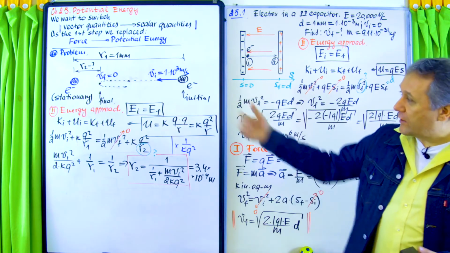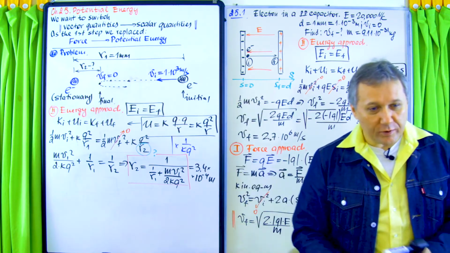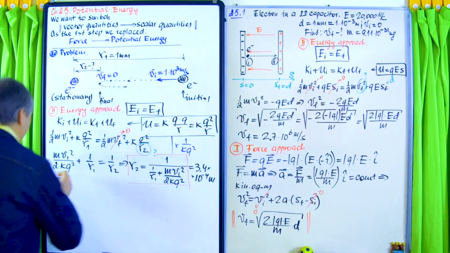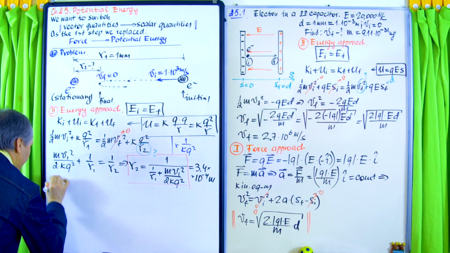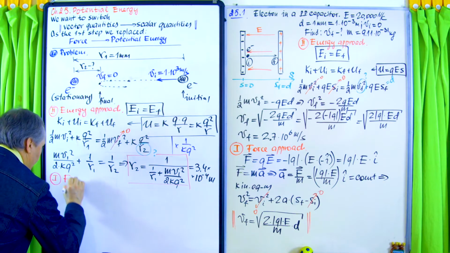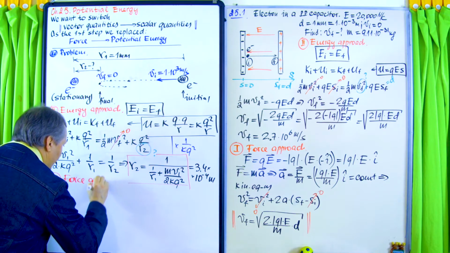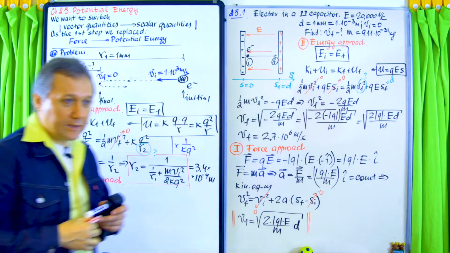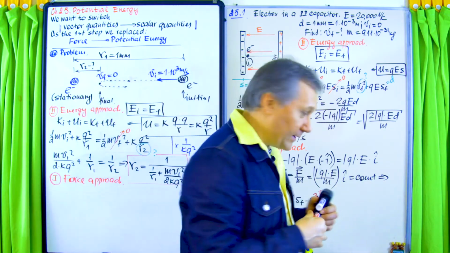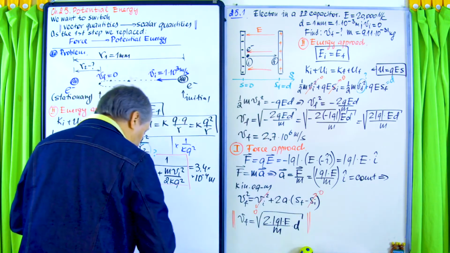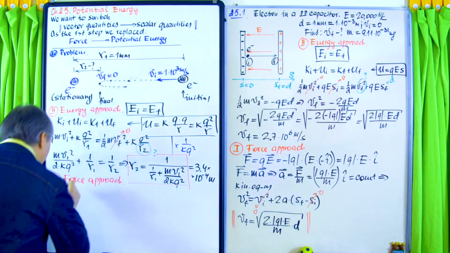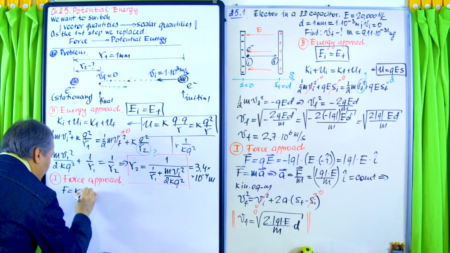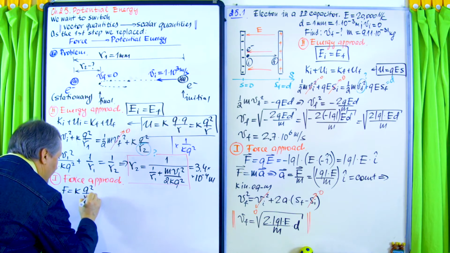Okay, so now that's the energy approach. Let's see what we can get out of the force approach. So, force approach. Of course, it's based on the electric force and Newton's second law. Of course, electric force is kq squared over r to the power of 2.